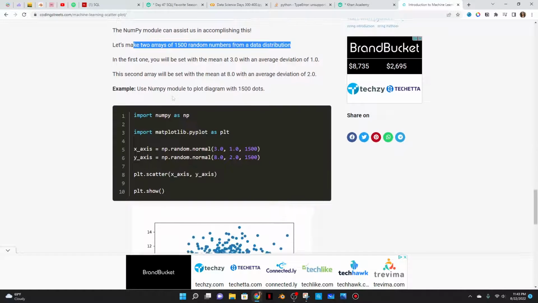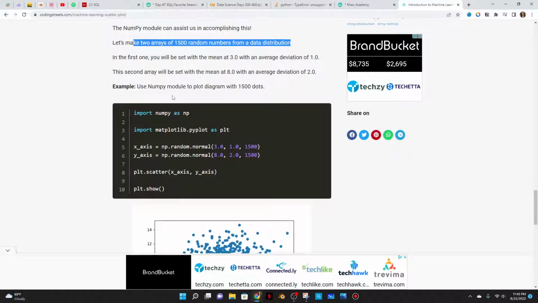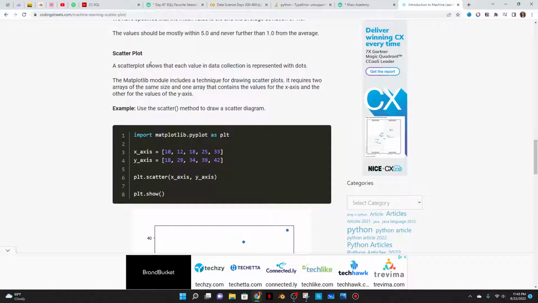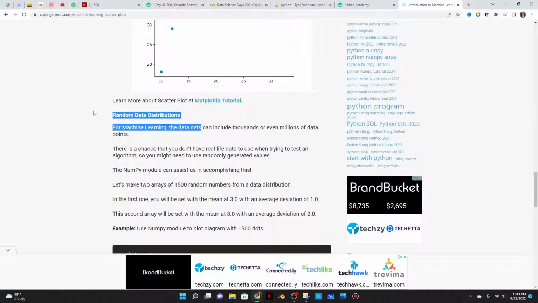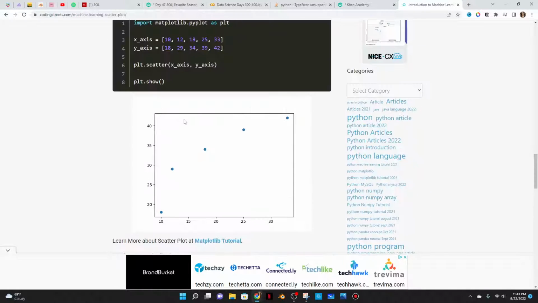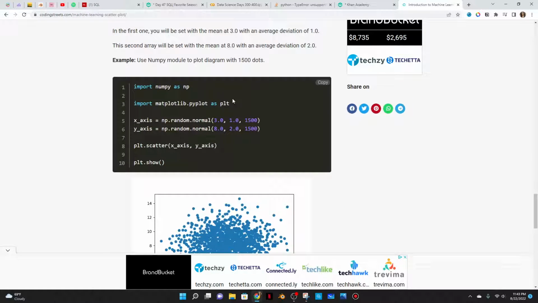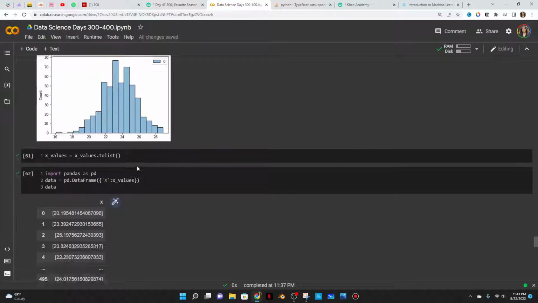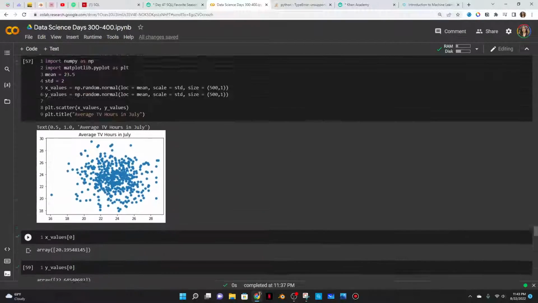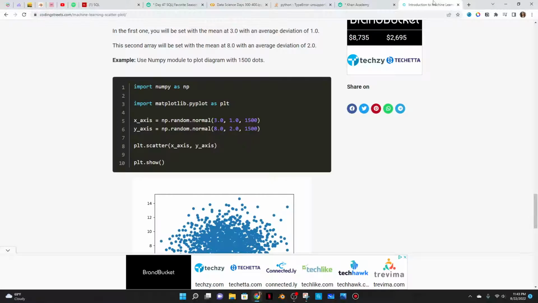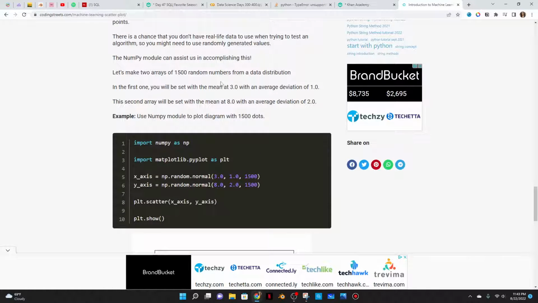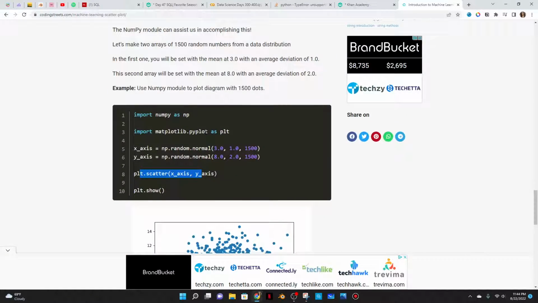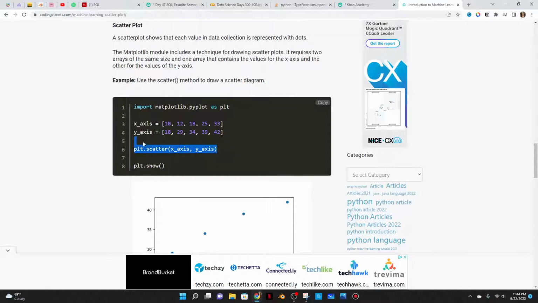Two arrays of 1,500 random numbers from a data distribution. So it's a scatter plot, and this is a random data distribution, so it's not a scatter plot. Right, so what I have here is not a scatter plot, it's a random data distribution. That's why I was like, I'm definitely not getting that straight line. But if I were to have that, that doesn't make sense because that's the scatter. It's literally the same thing.